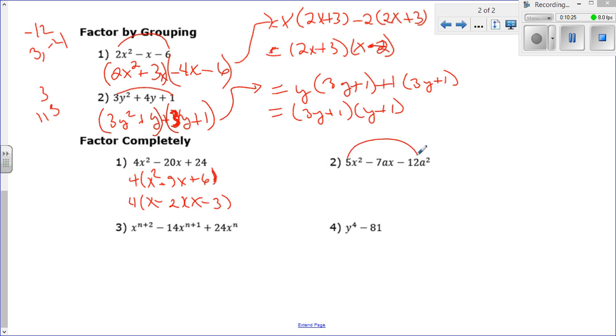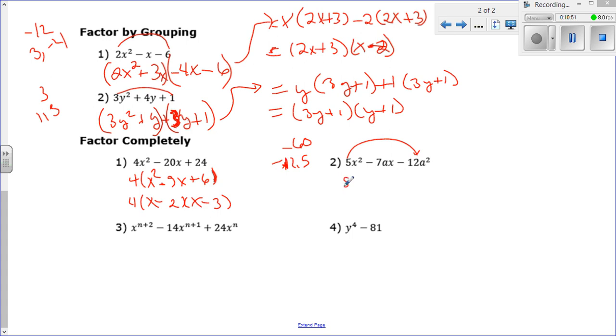So 5 times negative 12 would be negative 60. My factors of negative 60 that add up to negative 7 would be negative 12 and a positive 5. That's kind of funny. There's a negative 12 and a positive 5.